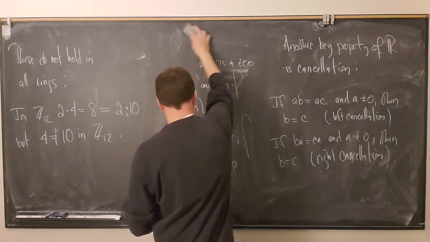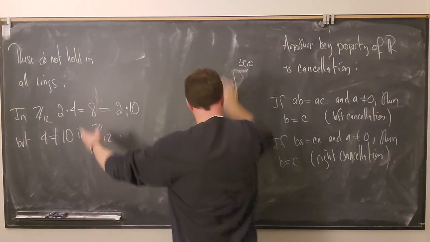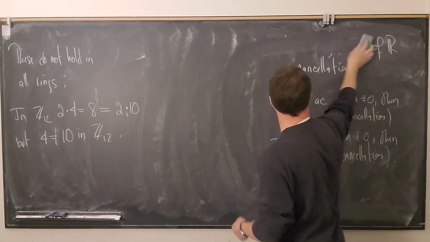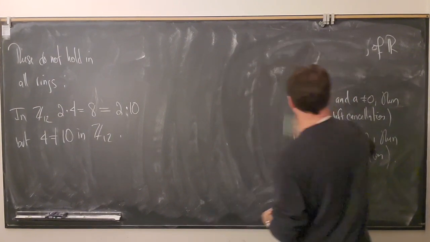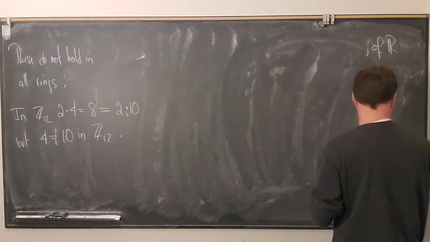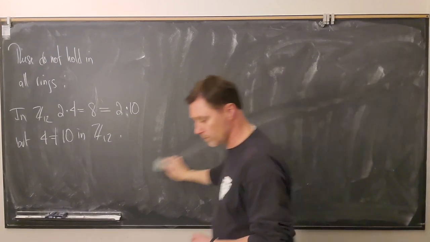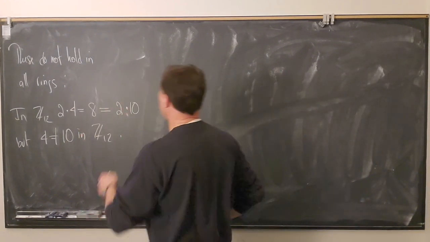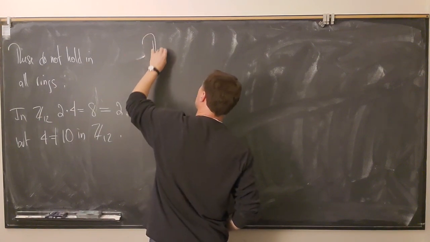So now what I'm going to show is that having the first property that we talked about, the no zero divisors property, is equivalent to having the cancellation property, or properties. So let's say it like this. So this will be our first theorem of the chapter.